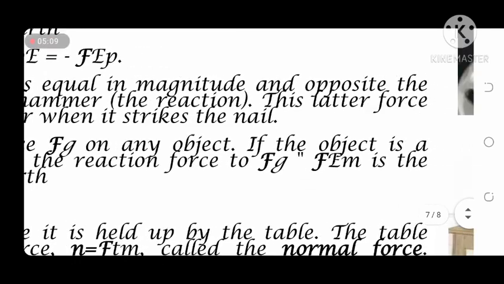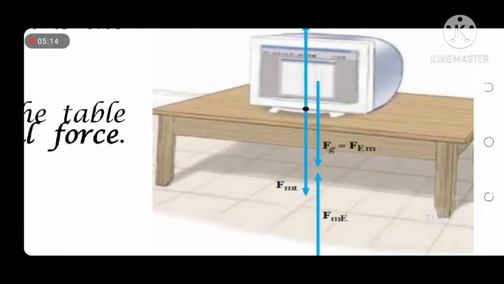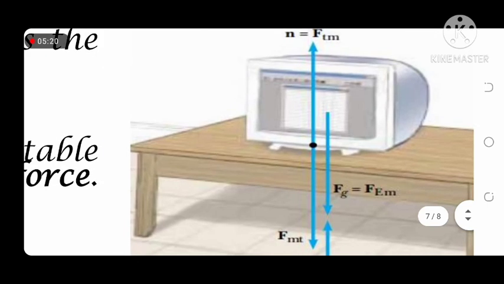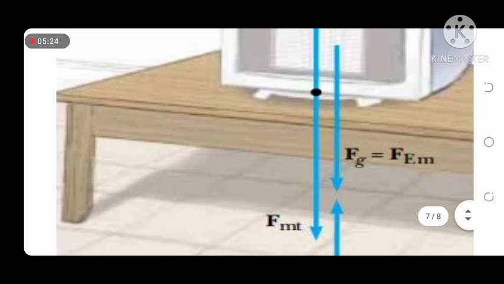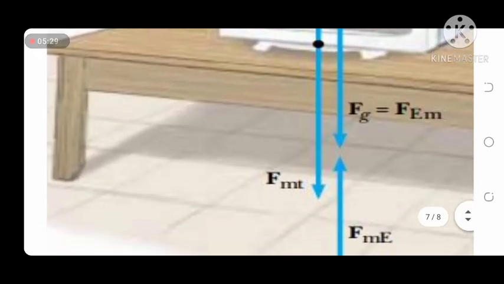We can see easily from the figure, a monitor placed on the table at rest, that the force of gravity is acting downward, that is the force of earth on the monitor.